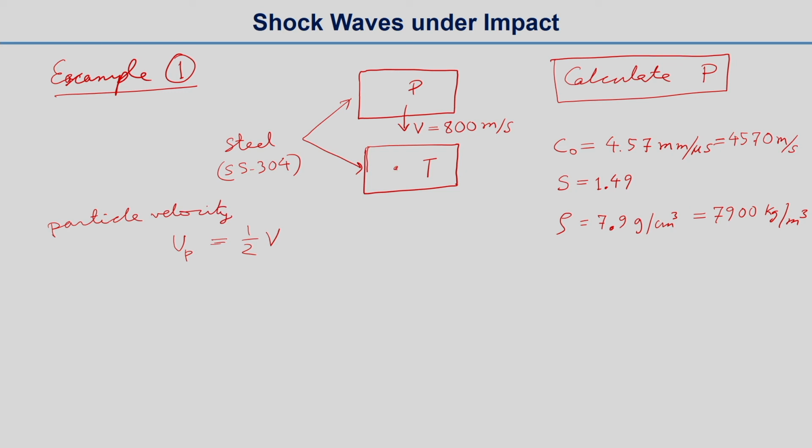So UP equals half V, which is 800 by 2, that is 400 meter per second.